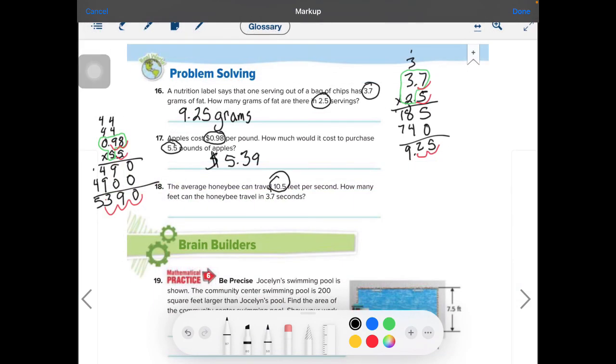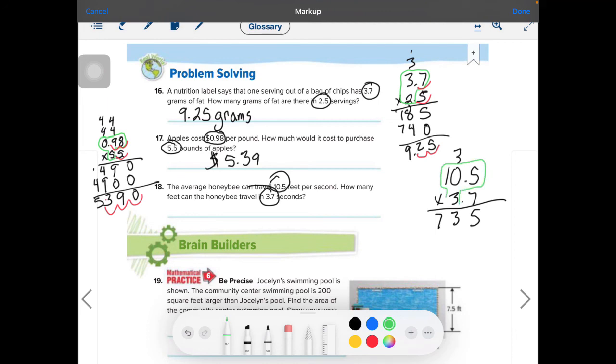The average honeybee can travel 10.5 feet per second. How many feet can the honeybee travel in 3.7 seconds? So we're going to take 10.5 times 3.7. Okay, 7 times 5 is 35. 7 times 0 is 0. Bring down the 3. 7 times 1 is 7.